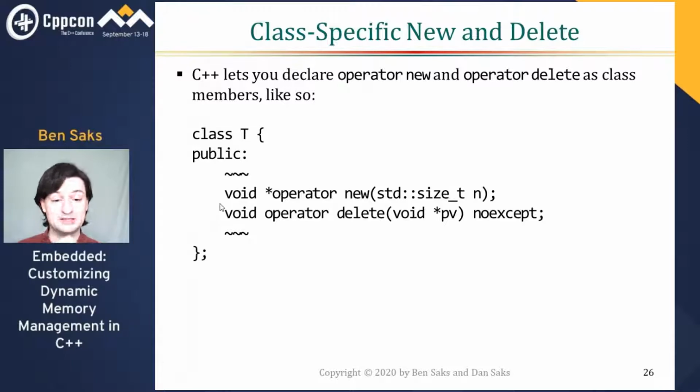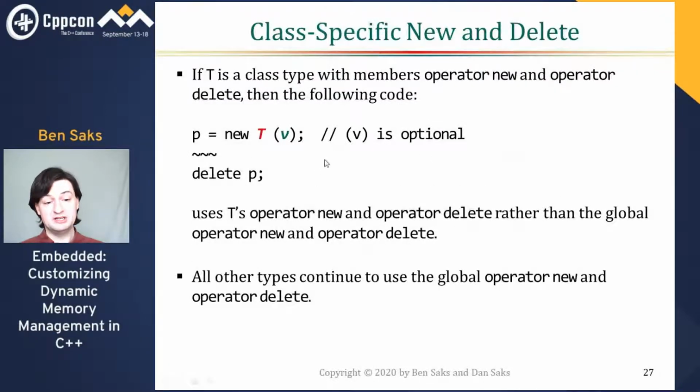All right, so you can write operator new and operator delete as class members like this. These have the same signatures as the global operator new and delete that we saw before. And what this does is, when you write new T, the compiler first checks to see, is T a class type that has overloaded operator new and operator delete specific for that class type?